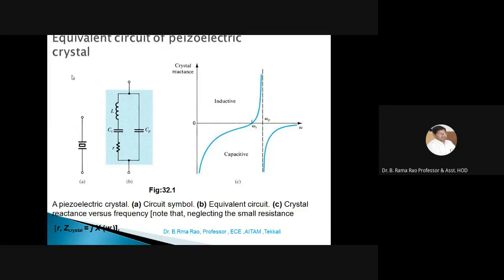Now from this we are going to find the frequency of oscillation of this crystal oscillator, which is 1 by 2 pi square root of (L1 plus L2) into C. This is the frequency of oscillation.